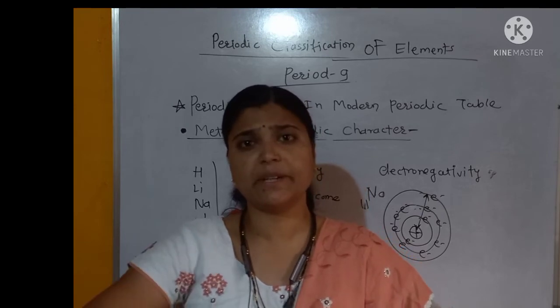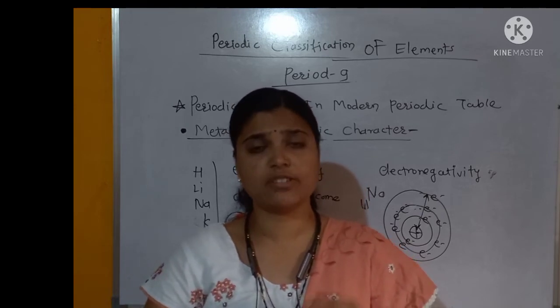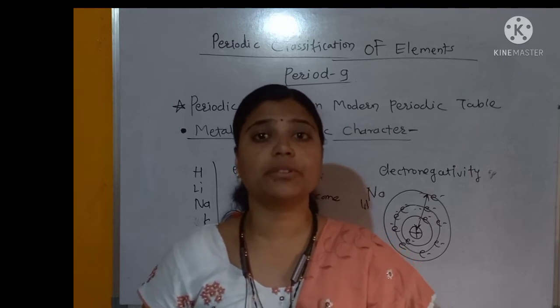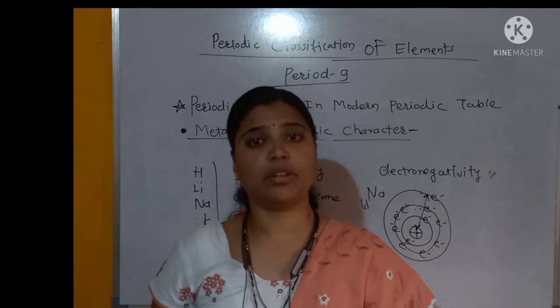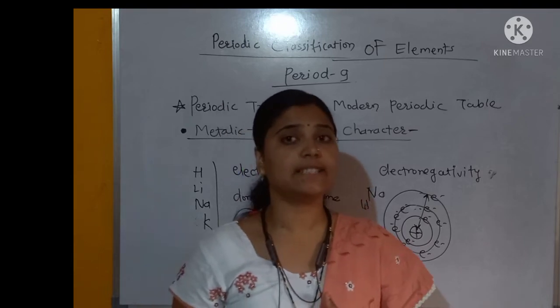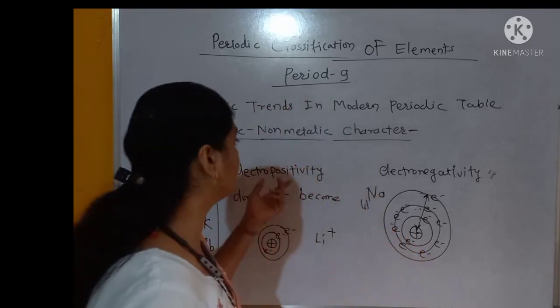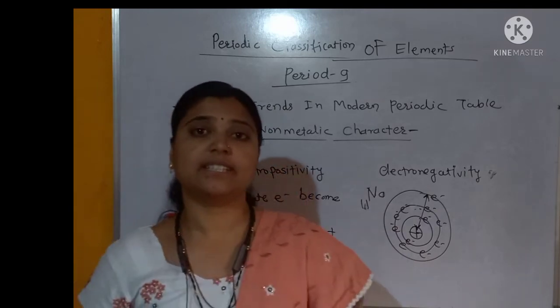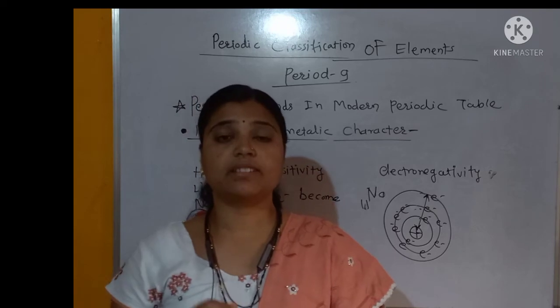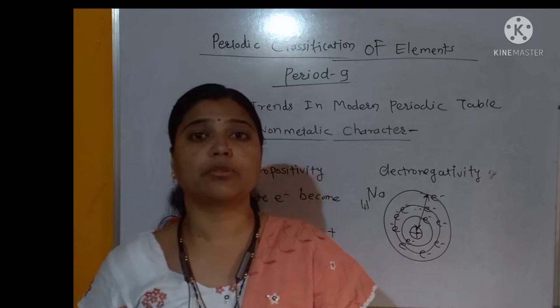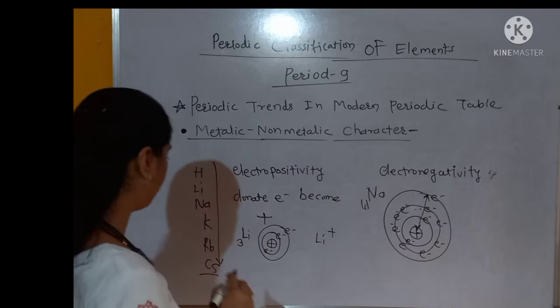Hence it can easily donate its last orbit electron and become positive, or electropositive, in nature. When any element donates its electron, it acquires a positive charge, and this nature of elements is called electropositivity. In the first group, cesium is the most electropositive element in the whole periodic table.